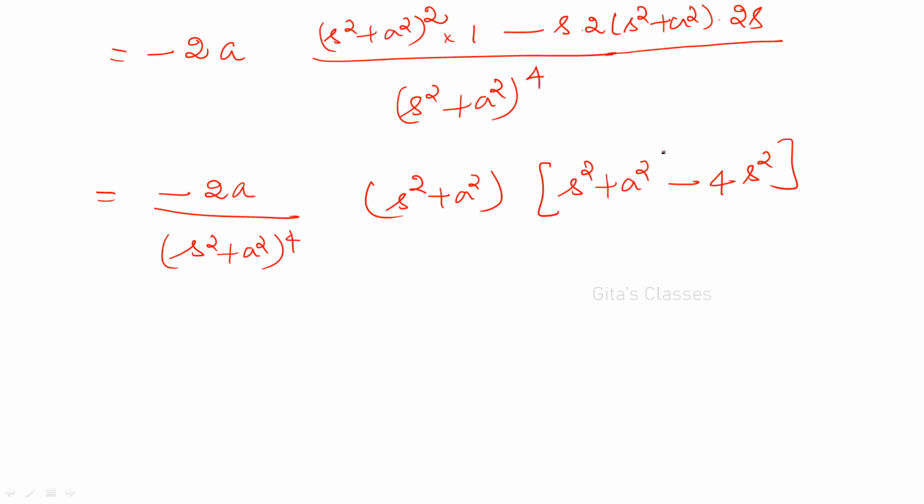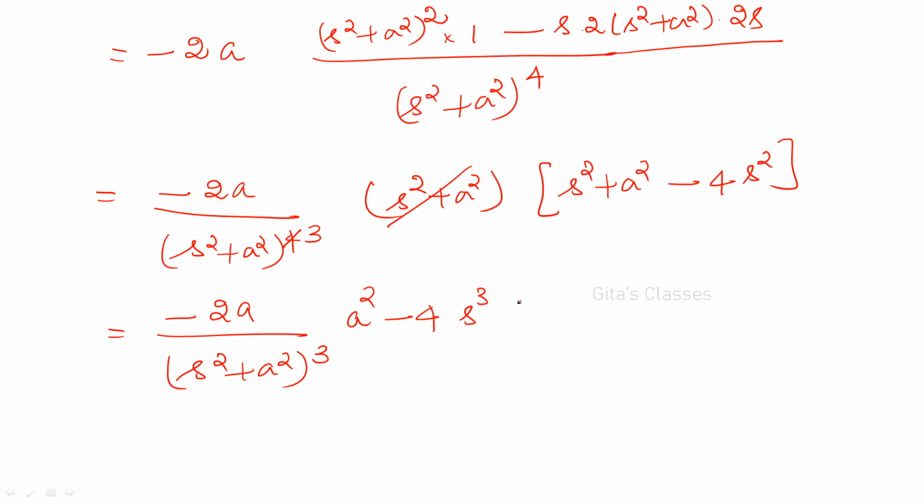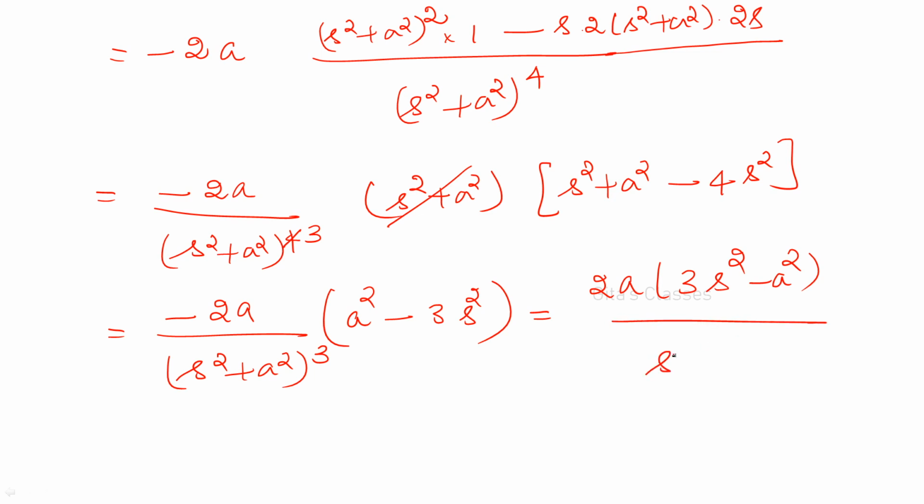So 1 s squared plus a squared, and this 4 will become 3. That is minus 2a by s squared plus a squared the whole cube into a squared, sorry, minus 3 s squared. Here s squared minus 4 s squared, so 3 s squared. Or you can say 2a into 3s squared minus a squared divided by s squared plus a squared the whole cube. This is the required answer.